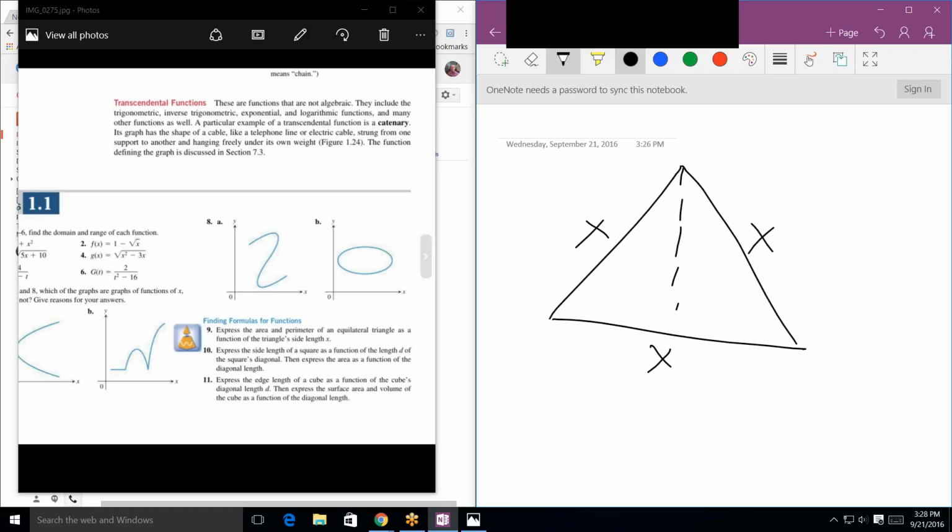What's the area of this thing? First of all, what's the general formula for the area of a triangle? Base times height, half. 1/2 base times height. What's the base here?